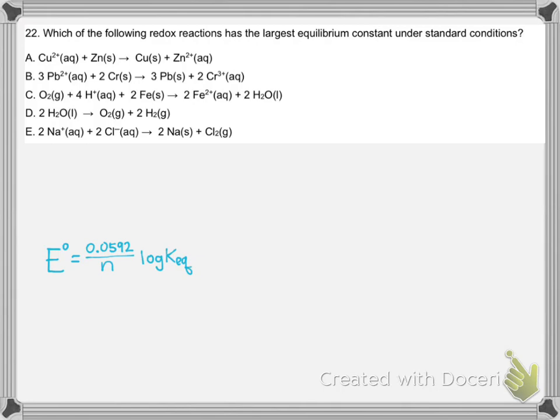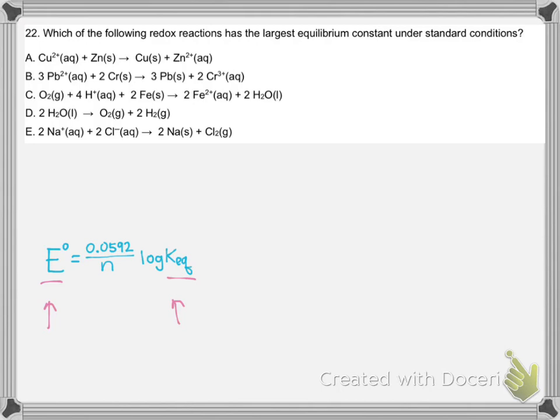Okay, for number 22, I want us to figure out which has the greatest equilibrium constant. And so we have a bunch of redox reactions. And we can relate KEQ to our standard cell potential. And so we know if we increase our standard cell potential, we'll increase our KEQ.